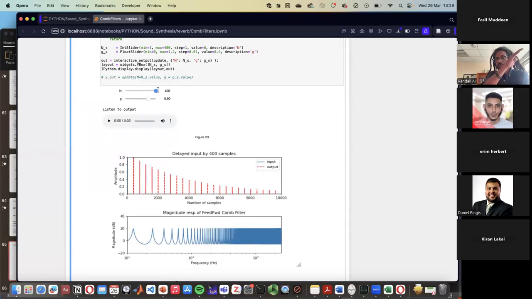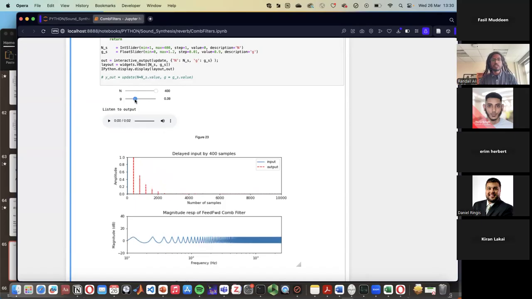I see this decaying set of impulses over time. And that's also having an impact on the magnitude spectrum. So this magnitude spectrum has a bunch of resonant peaks all across frequency, and that's going to shape the sound in a particular way. And if I change the value of g here, I can either have a lot of these peaks over time, or I can just have a few of them, and that has an impact on the frequency response.